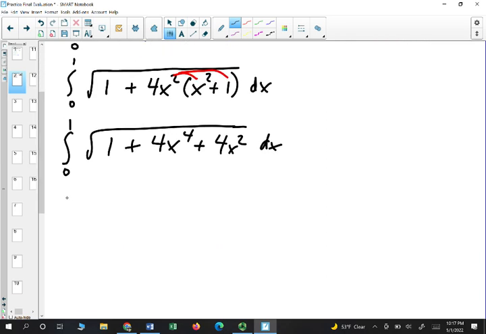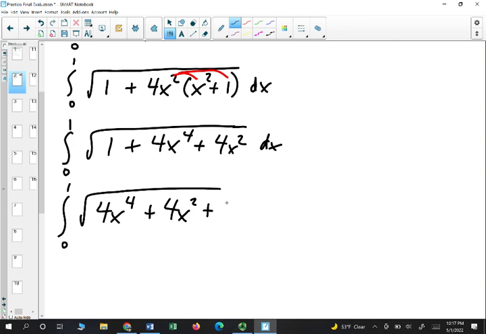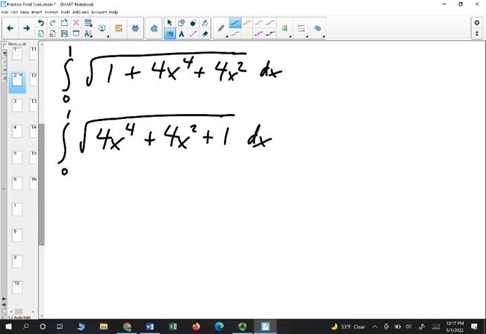Okay, we could rearrange this: 4x to the 4th plus 4x squared plus 1. And if we look at this carefully, this is something we could factor, and it factors nicely into a quantity squared.